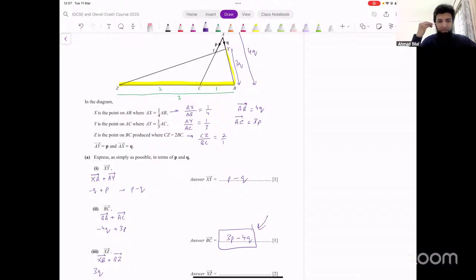If we know this part, what is the complete vector going to be? That's 3 parts. We just multiply BC by 3, and that is going to give us the complete vector BZ. So that's what we do.